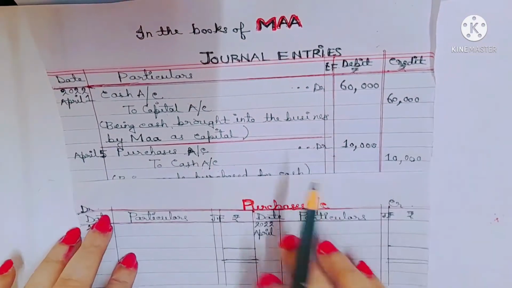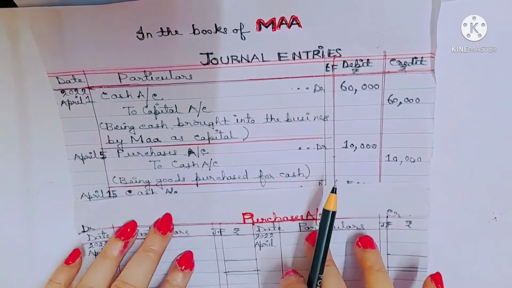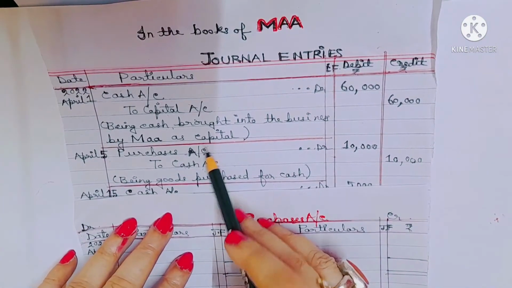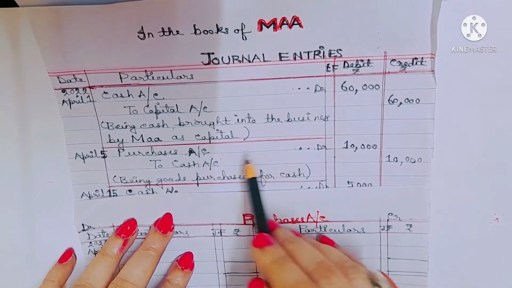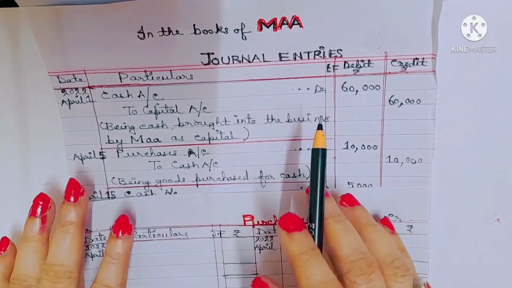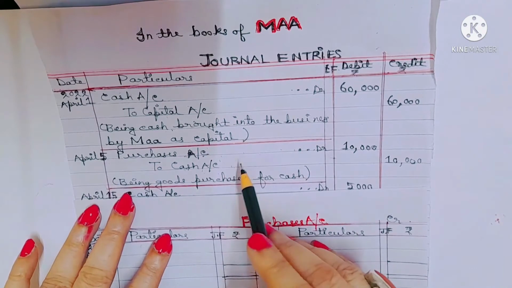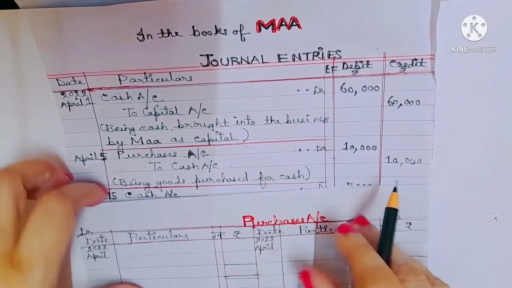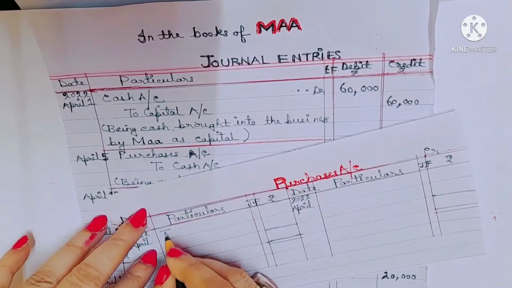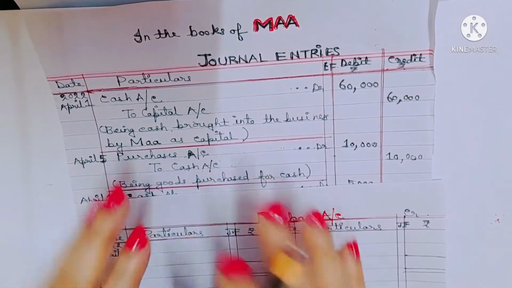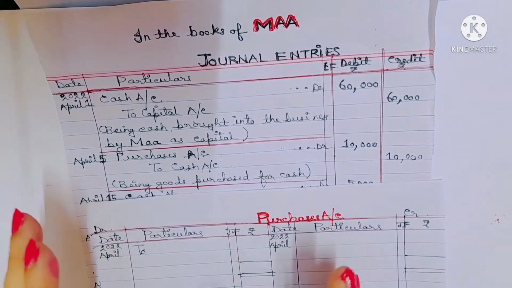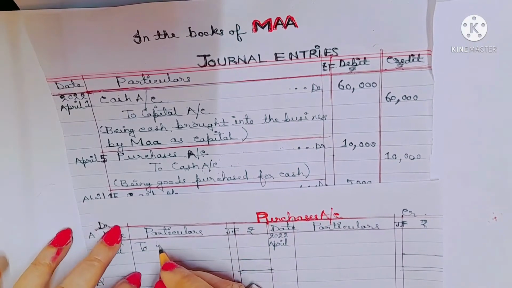We got to see the position of the purchases account. Purchases account is on the debit side, so we will write cash account on the debit side in purchases account. Understood? We are not going to see the position of the cash account, because we are preparing purchases account and not cash account.